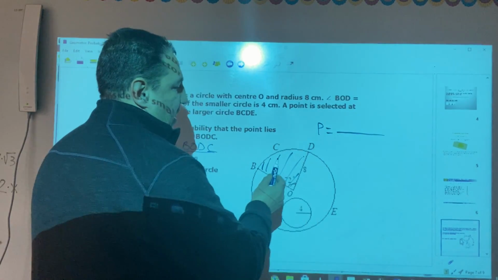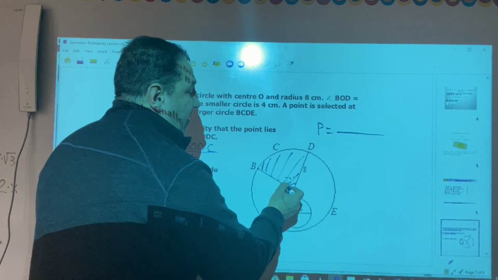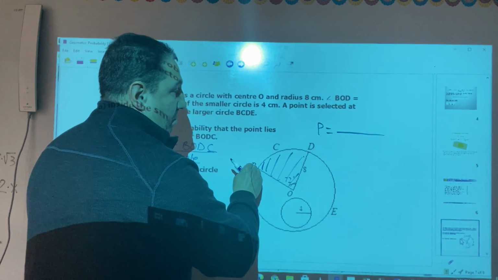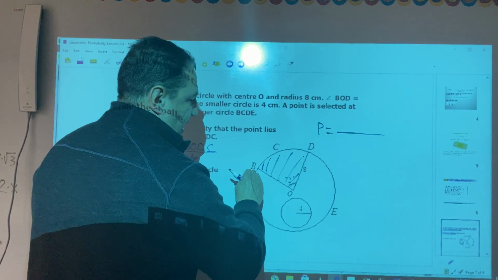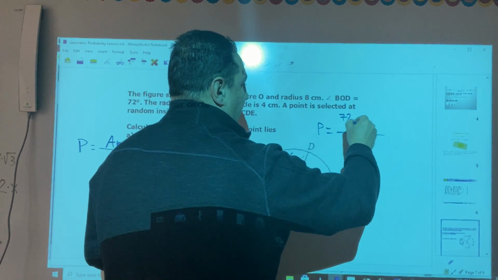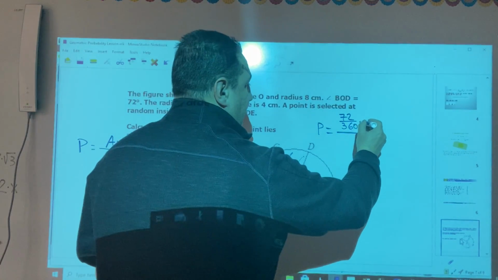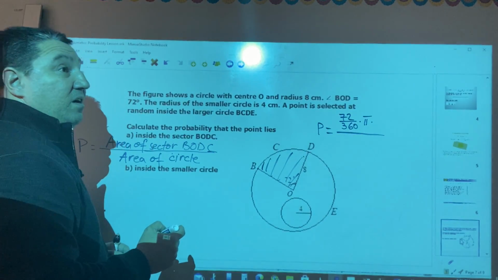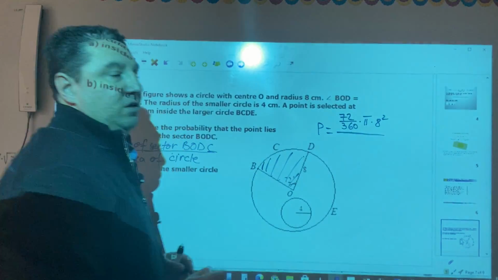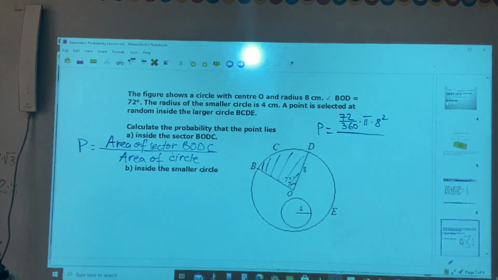That's why the formula for the area of a sector would be the ratio of the angle bounded by radii BO and OD, which is 72, over 360 degrees, times pi times the square of the radius of the big circle, which is 8. So that's the area of sector BODC.